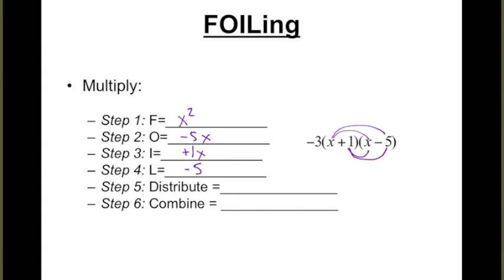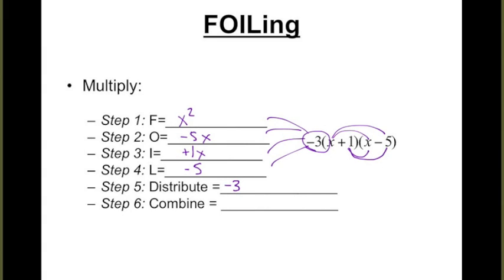Okay. If thinking of the acronym FOIL helps you, that's fine. But again, I like better just thinking about taking the x, passing it out to everything in the second group, and taking the 1, passing it out to everything in the second group. That's really what we're doing, and that will be a more extendable idea when we go into our next chapter of material. Then we take this negative 3 that's in the front and distribute it out to everything.